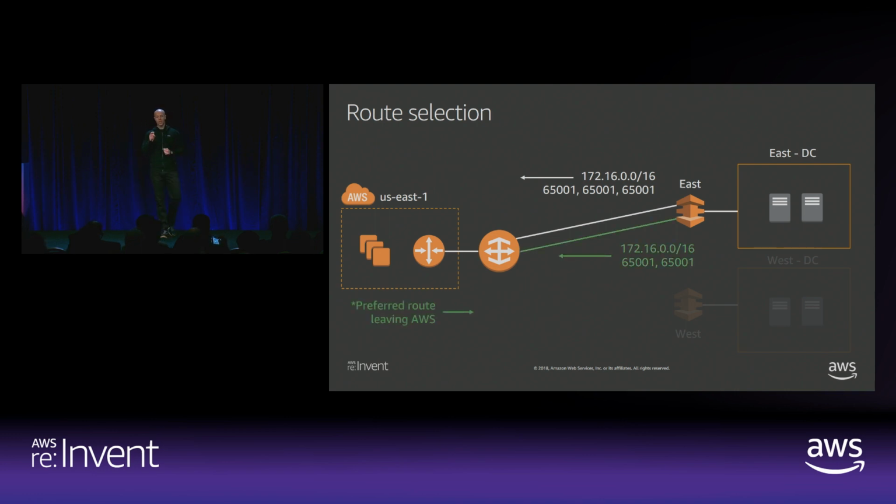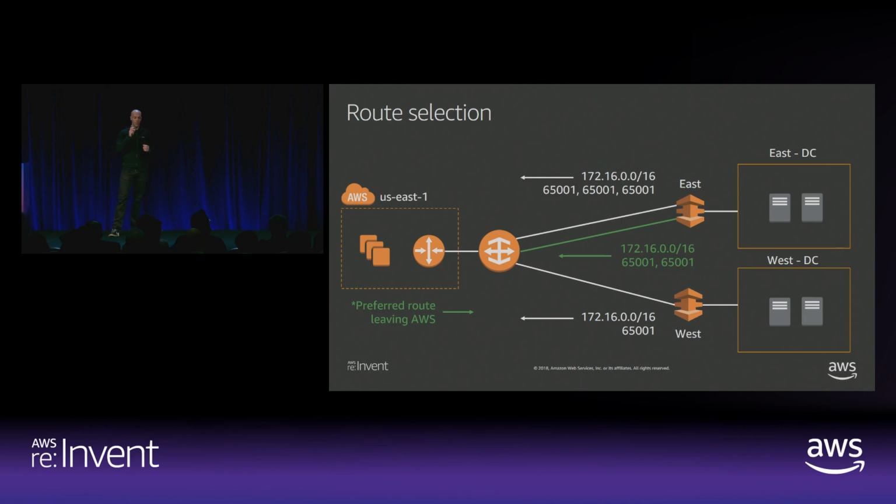In this situation, the routes both had the same prefix length, they had the same network cost because they were in the same Direct Connect location, but the green path had a lower AS path, which told the network it was the more preferred route or path to the 172.16 destination.